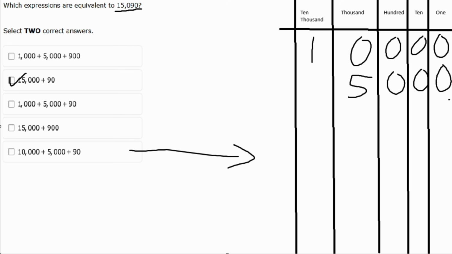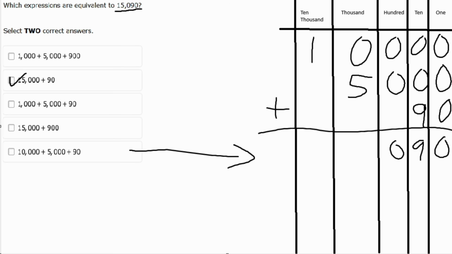Last, we're going to have a 0 in the ones place and a 9 in the tens place. We're going to add this together. All right, so we get a 0 and a 9. Another 0, let me redraw that. We have another 0, a 5, and a 1. So here we have 15,090. This is correct. It matches with the number in our question. Therefore, that's correct.